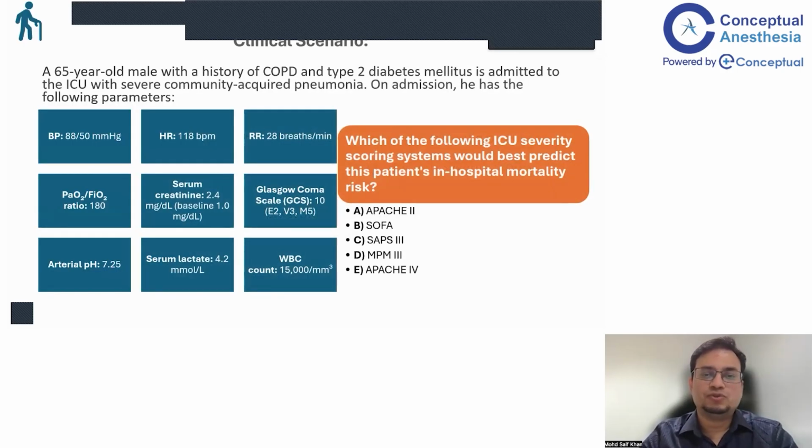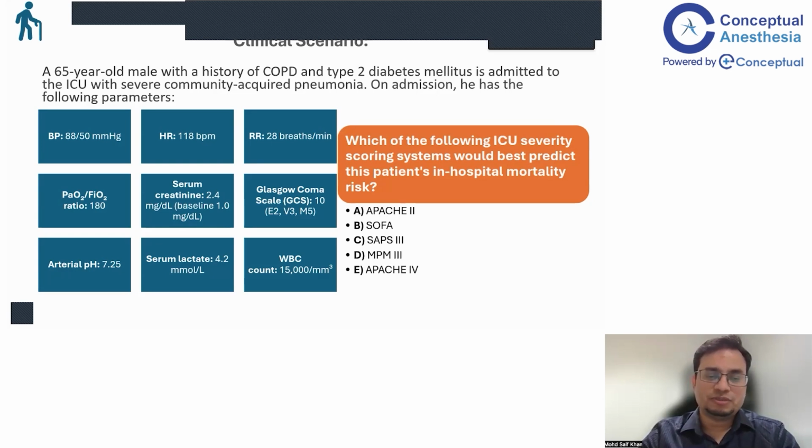So this is a clinical scenario for all of you. A 65-year-old male with a history of COPD and type 2 diabetes mellitus is admitted to the ICU with severe community-acquired pneumonia. On admission, he has the following parameters. The BP is 88 over 50, heart rate 118 beats per minute, respiratory rate 28 breaths per minute, PaO2/FiO2 ratio 180 millimeters of mercury, serum creatinine 2.4 milligram per deciliter.